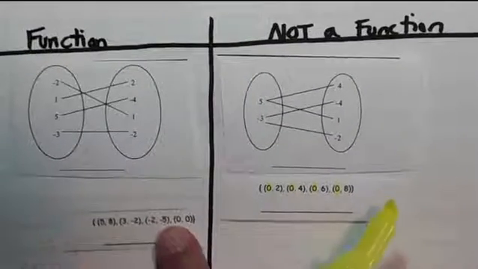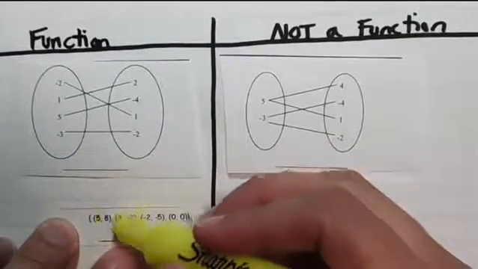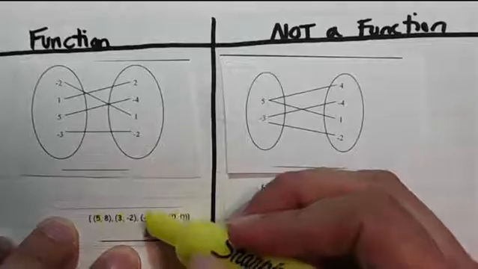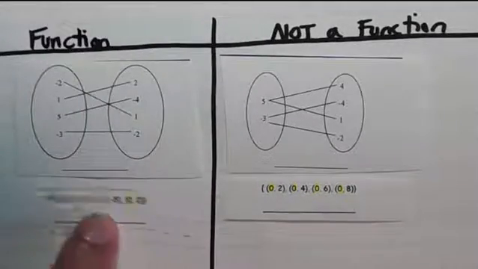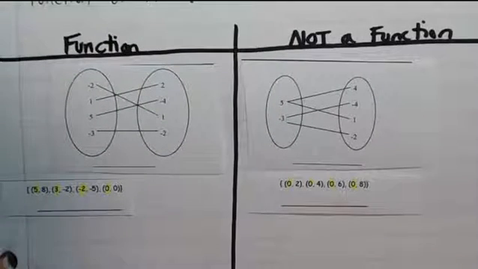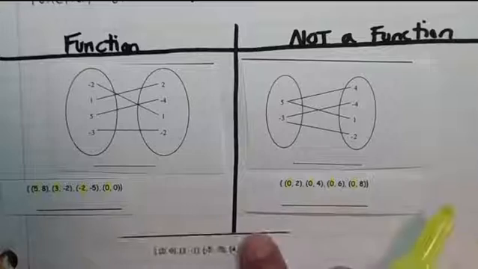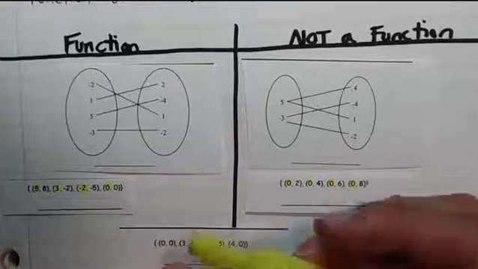The next one that I have is 5, 8. So 5 is the x value, 3, -2, and 0. Am I repeating any of those? No, so that would be on the function side. The next one I have starts with 0, 0, 3, -1, -5, -5, and 4, 0.